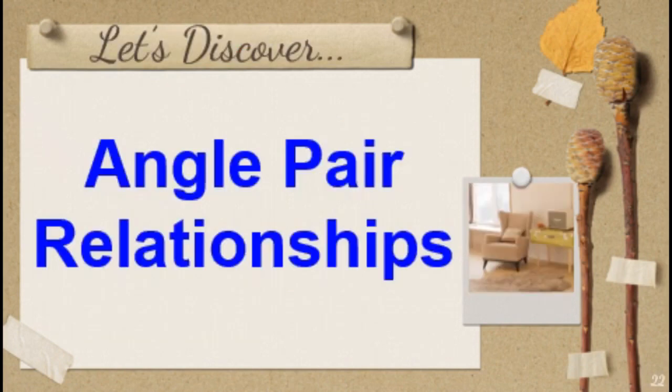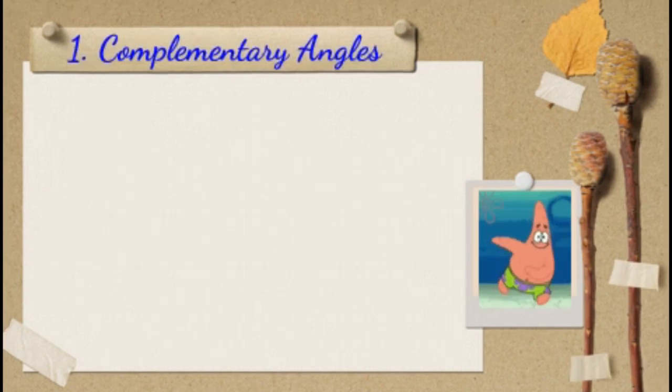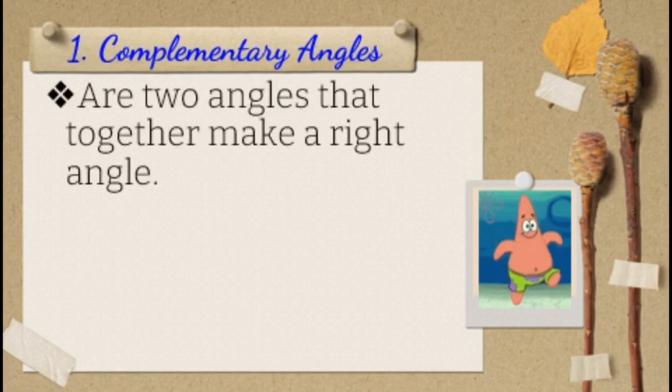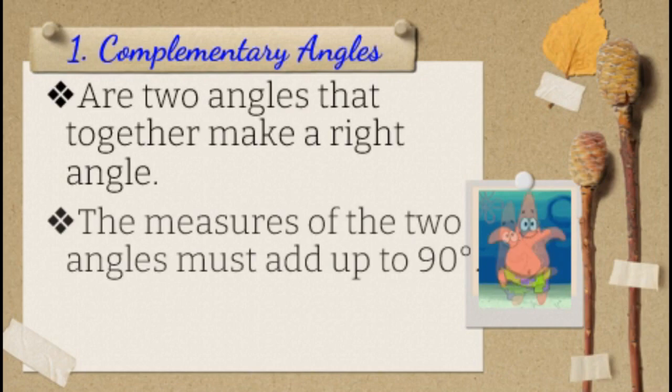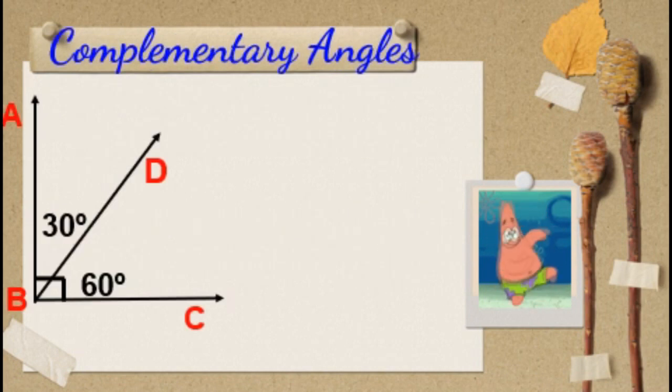Now let's discover angle pair relationships. First, complementary angles are two angles that together make a right angle. The measures of the two angles must add up to 90 degrees. Let's take an example. I have here angle ABD and angle CBD.